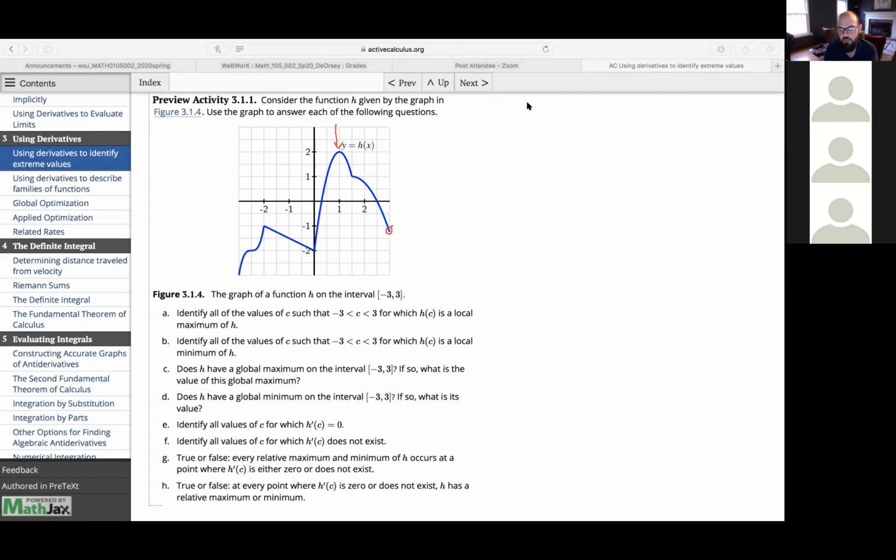It depends on exactly what's being asked for. If you're asked for the input, you say it occurs at 1, and sometimes you're asked for the value, the output, and then you give 2. If they're asking where does the global maximum occur, it occurs at 1. If they're asking what is the global maximum value, the output would be 2.